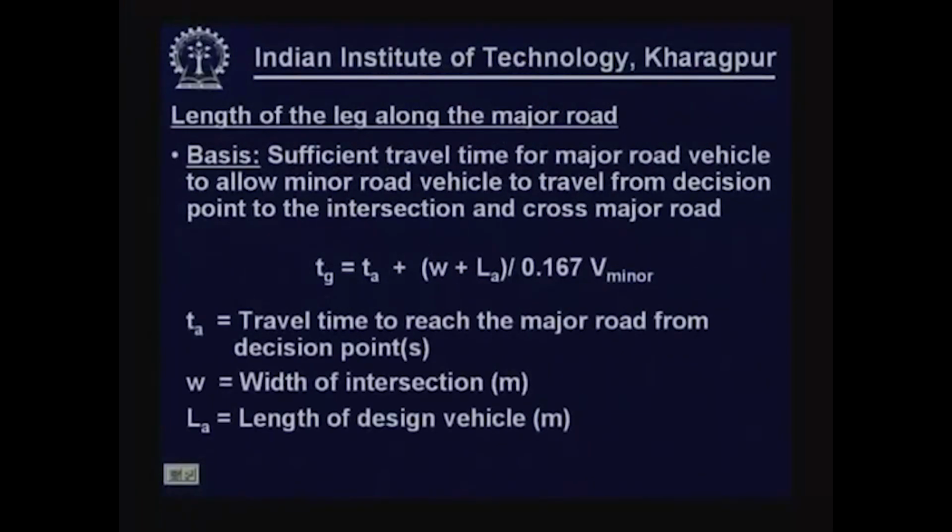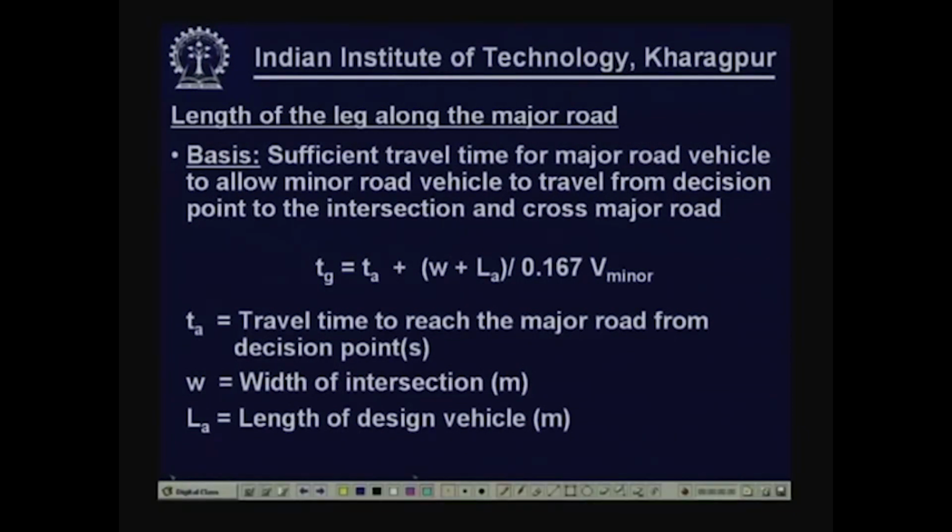Now, let us see how the length of leg along the major road can be calculated. Let us try to understand the basis for this. The basis is sufficient travel time for the major road vehicle to allow the minor road vehicle to travel from the decision point to the intersection and then cross the major road.